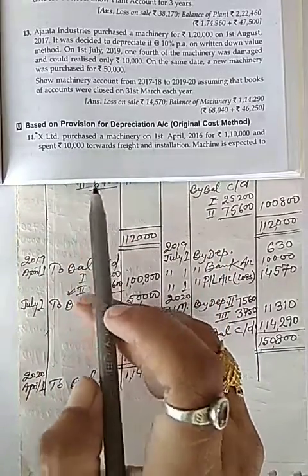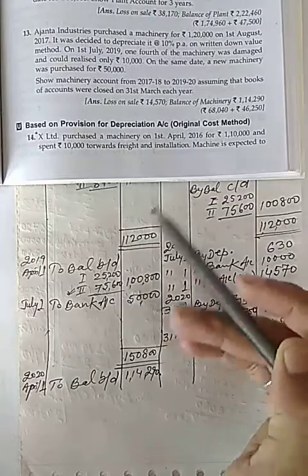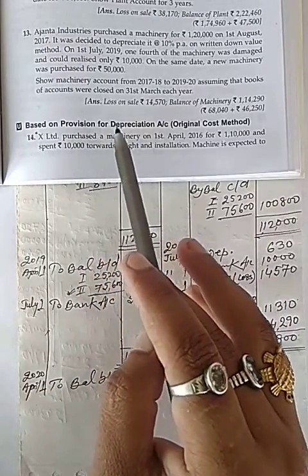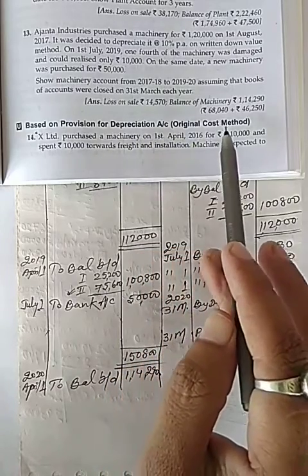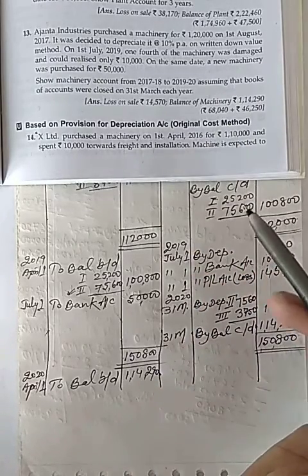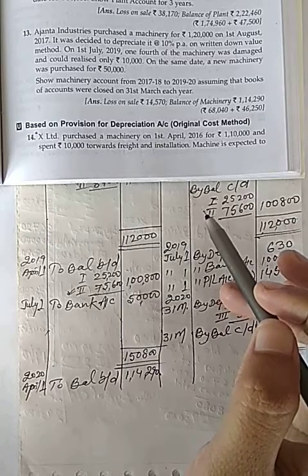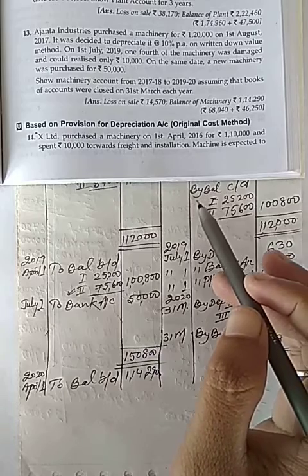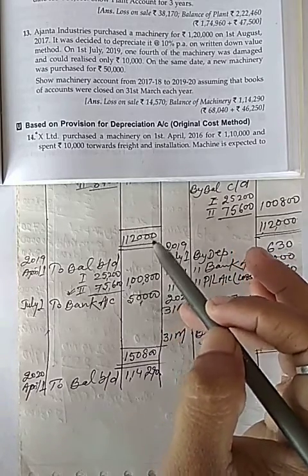Now student, we have to go in next topic of this chapter based on provision for depreciation account, original cost method. So first we will understand what is provision for depreciation account, how it will prepare.